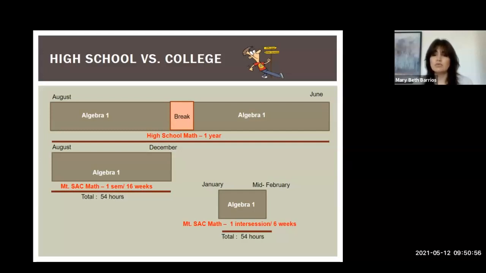If you choose to attend winter and or summer, keep in mind that the class sessions are only 6 weeks. So what you would learn in high school for the entire year, you're compressing all of that, covering all the work and all the concepts that you would learn in a year, and learning that in 6 weeks for an intersession.